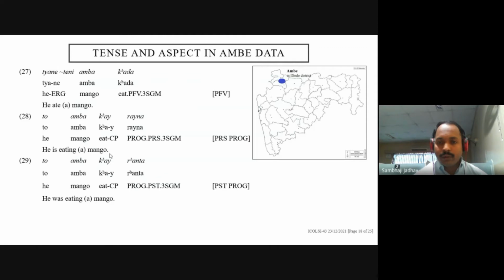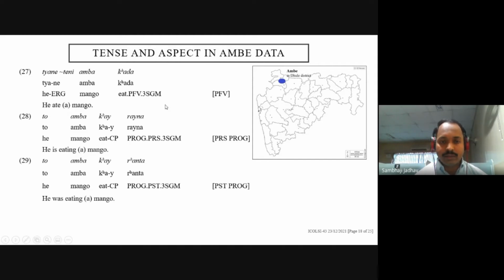If you last move to Ambe village in Dhule district, you will find that, because of the transition and the many languages there, you have Gujarati here, Hindi here, and local Khandeshi and Bhili languages. So that is why you get a lot of variation here.